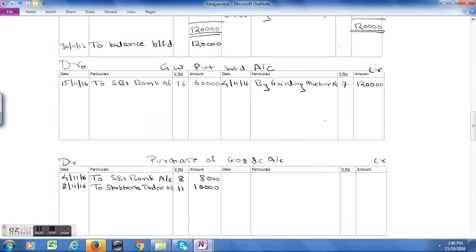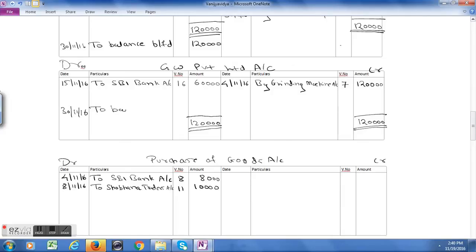Next, GW Private Limited account. Okay, GW Private Limited account, the total of credit side is how much? 1,20,000, and total of debit side is how much? 60,000. So total of credit side 1,20,000, we'll write it on both the sides, and 1,20,000 minus total of debit side, that is 60,000.